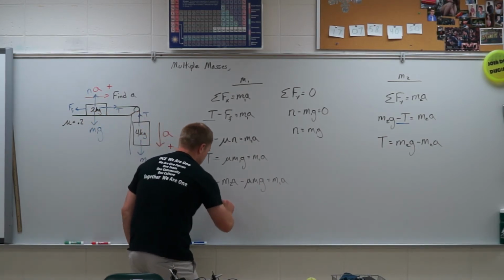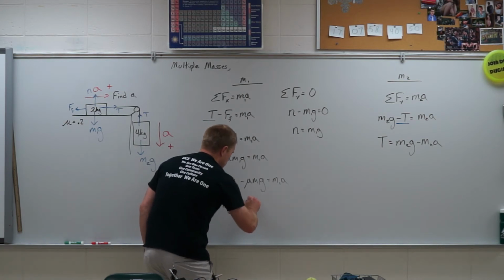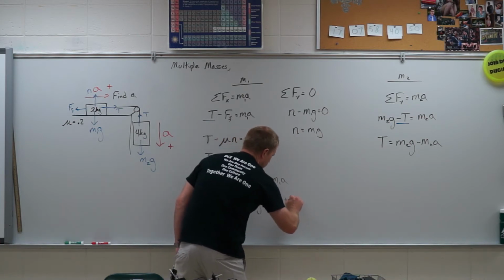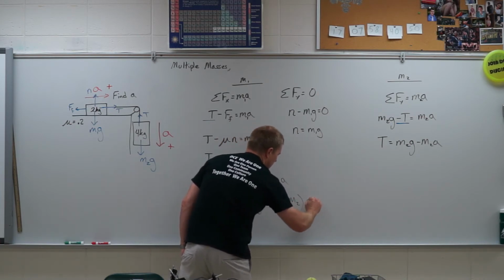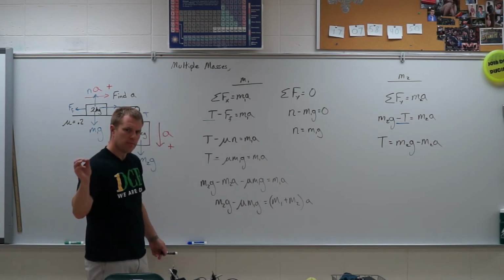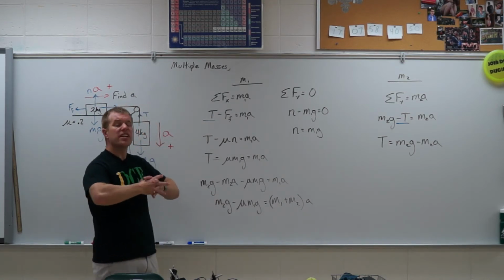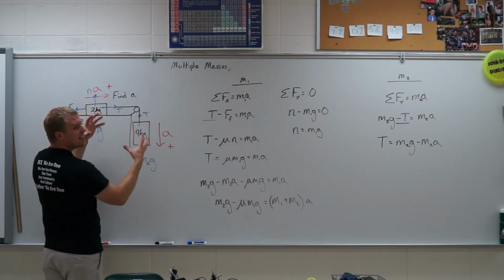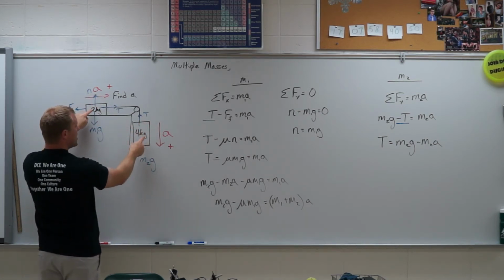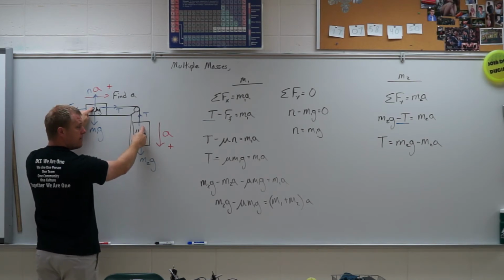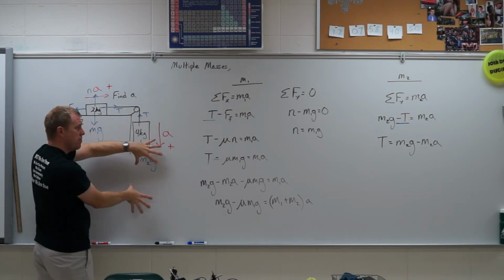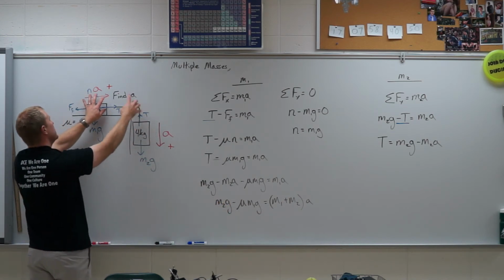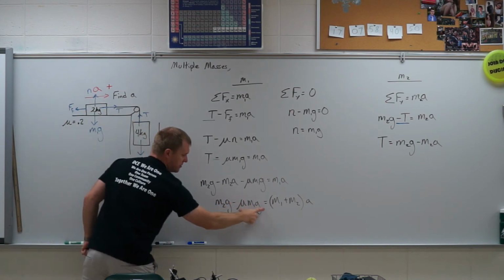And so I'm left with M2g minus mu M1g equals M1 plus M2, because both of them combine, so I'll factor out an a. Now an interesting thing here, if you can conceptualize this, go for it. If I think about this as a system, as a group, it's going to have a total mass M1 plus M2. It's going to be pulled in its positive direction by M2g, and it's going to be pulled in its negative direction by the force of friction.